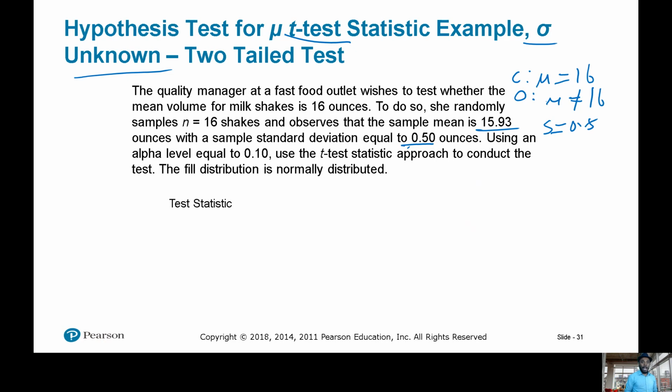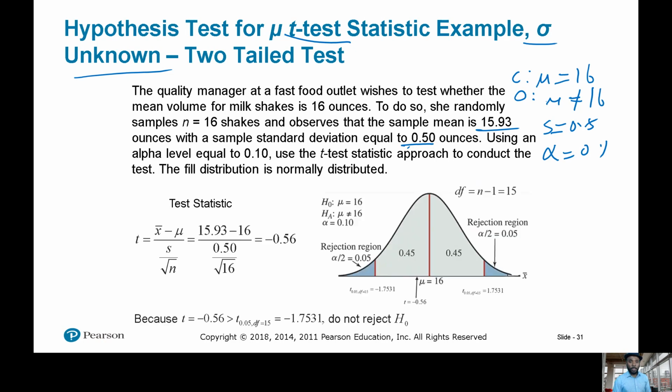Using an alpha level of 0.1, so alpha is equal to 0.1, how do we determine the critical value? That's the T critical value. And so we'll look at that.